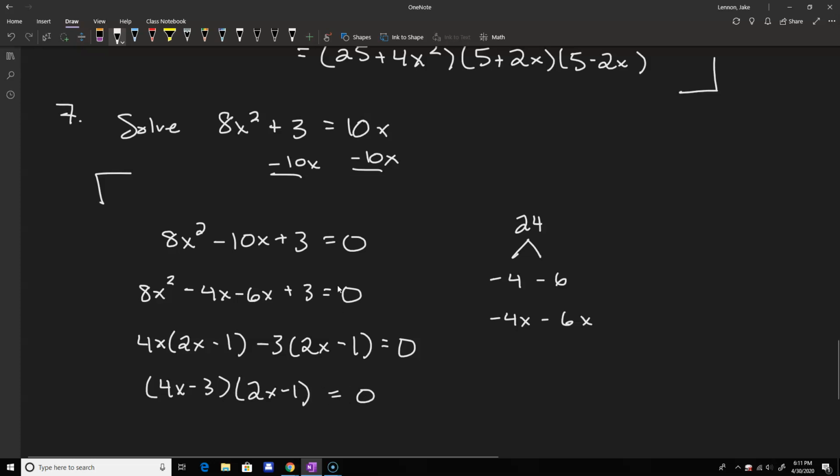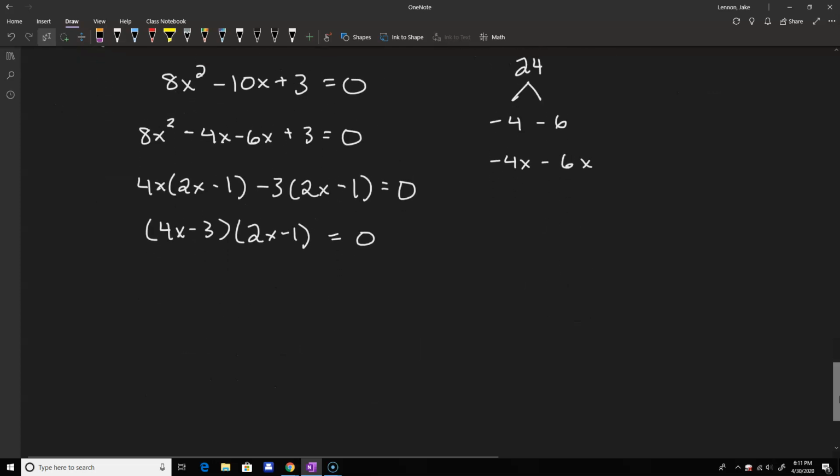So when you have two things that multiply together that make 0, the zero product property says that one of those two factors must be 0. So either 4x minus 3 equals 0 or 2x minus 1 equals 0. So we want to solve each one of those linear equations. So the first equation can be solved by adding 3 and then dividing by 4. So we get one of our solutions, x equals 3/4.